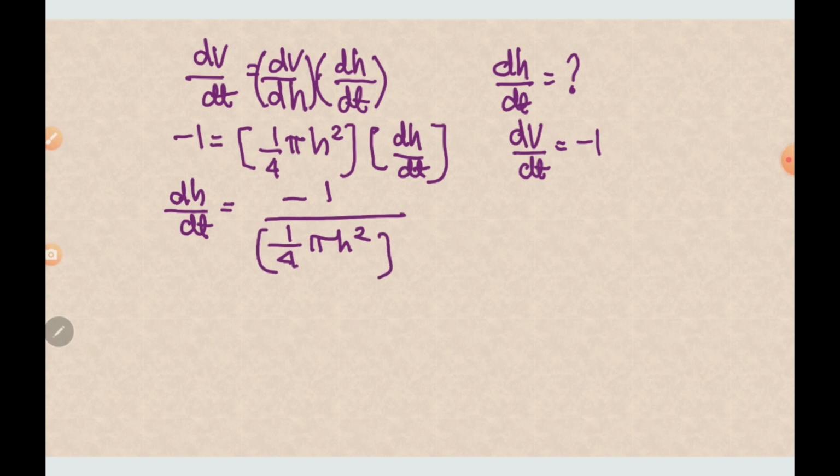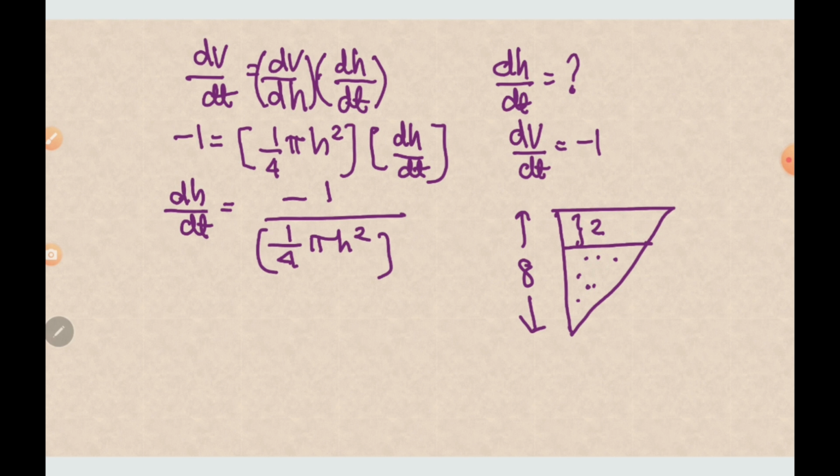Okay. The question asks what is the rate of water level when it is 2 centimeter from the top. So imagine this is the height of the cone, that is 8 centimeter. When the water level is 2 centimeter from the top, means this is 2 centimeter. So what is the water level at this time? h is equals to 8 minus 2, that is h equals to 6.